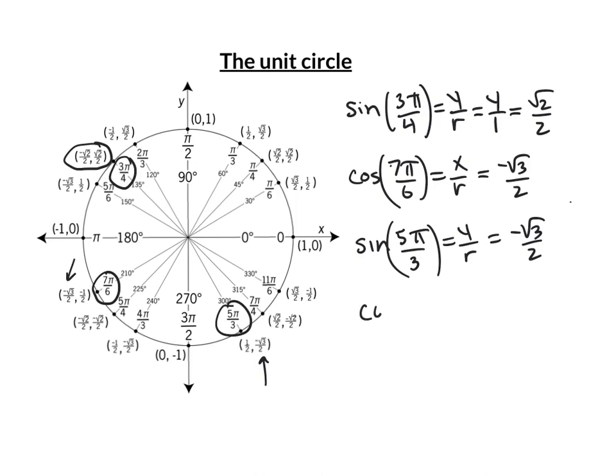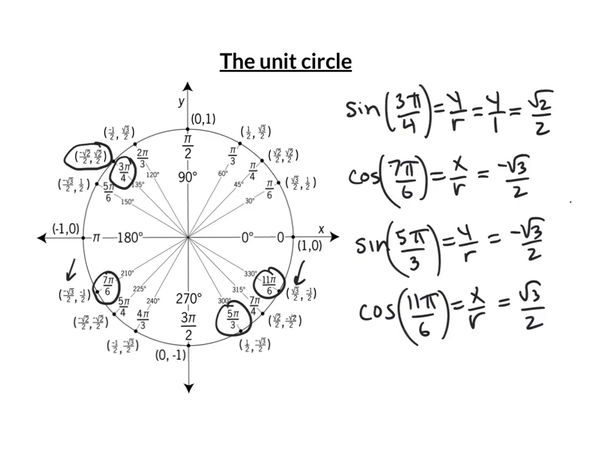If I asked you for the cosine of 11 pi over 6, cosine is x over r, and x right here is root 3 over 2. And we're done.